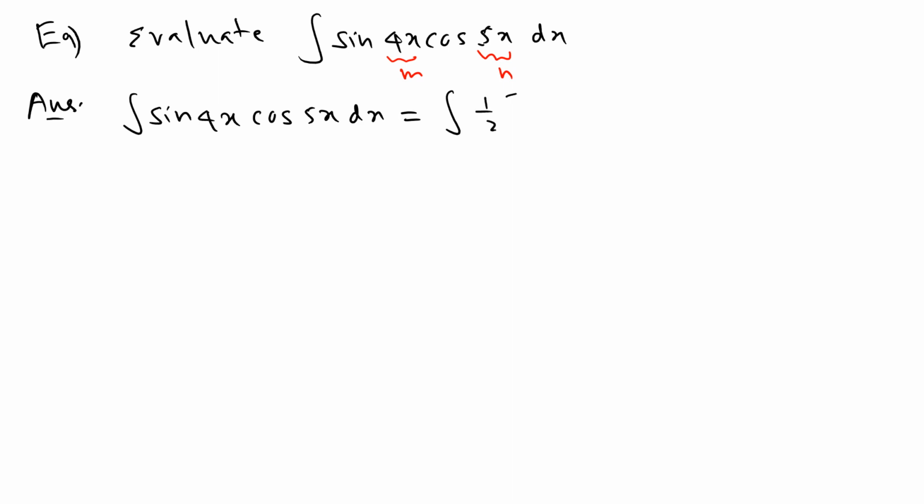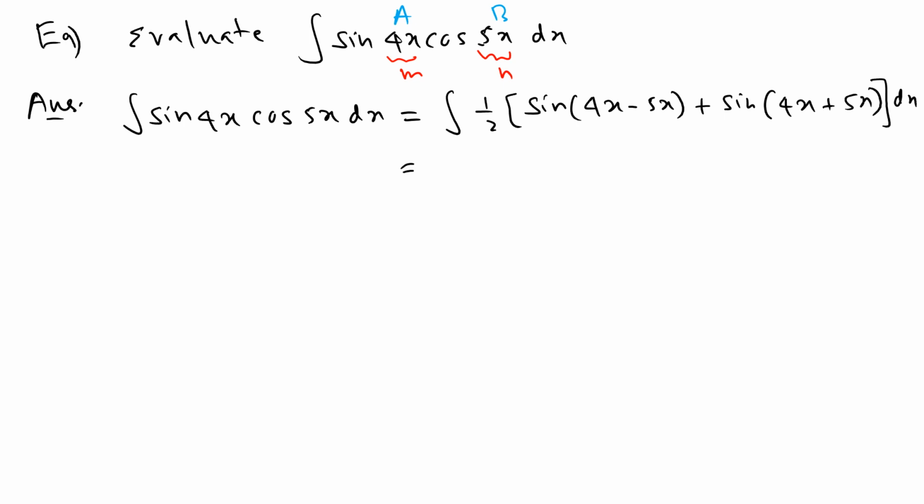Let's plug in. I can call this a and that b in the formula. So it is a minus b, that means 4x minus 5x, and this is sine cosine, so plus sine of 4x plus 5x dx.